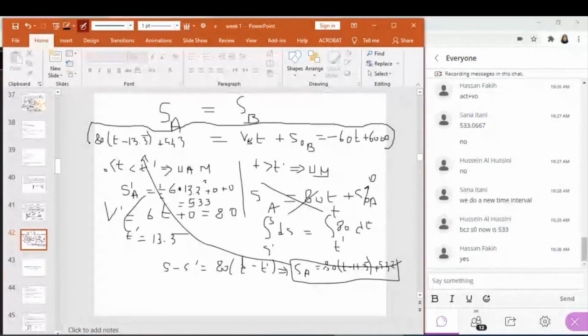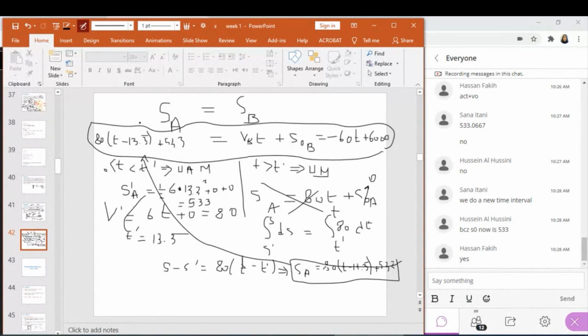Whenever I solve this equation, there is one unknown, the time. Whenever I know t, I can find SA or SB, and they should be together. In fact, they will be equal to 3,201 feet. And this time t, if you want the answer, will be around 46.6.